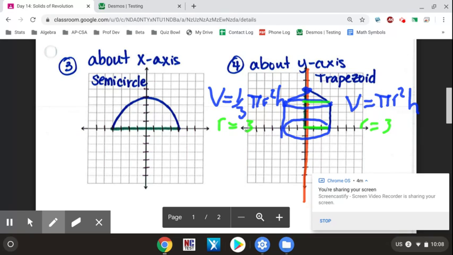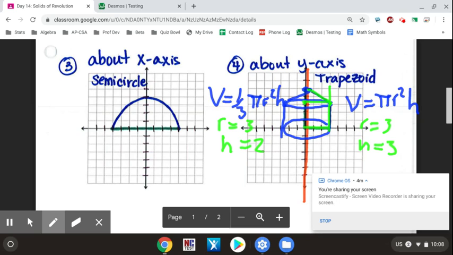The height of the cylinder would be the distance between those 2 rings that we've drawn, so that is a height of 3 for my cylinder. And for my cone, it does not have a height of 3. It just goes up an extra 1, 2. If I look from there to there, on that line it goes up 2 and over 3. The over 3 was the radius, and the up 2 is the height. So that cone has a height of 2.